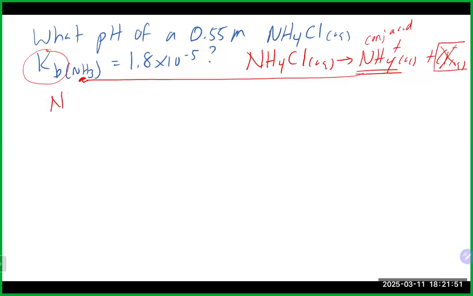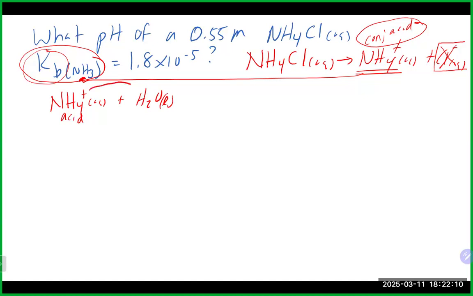So that would be our reaction we want to write, which is our NH4 plus and our water. Once again, by thinking that that's the base and the partner over here is the acid, we will know how it should react with water. In this case, it's going to act as a Bronsted acid, which means it is the one donating the H plus.